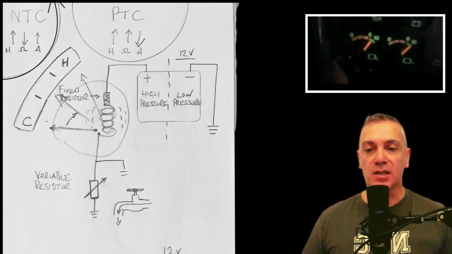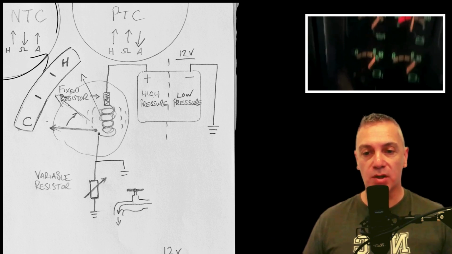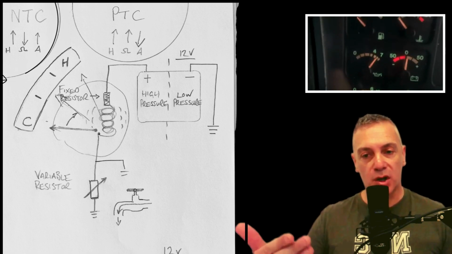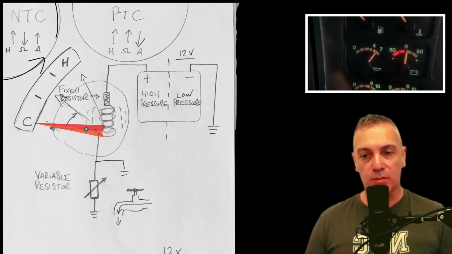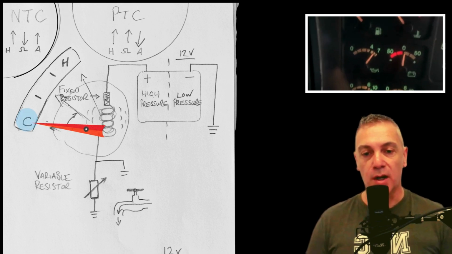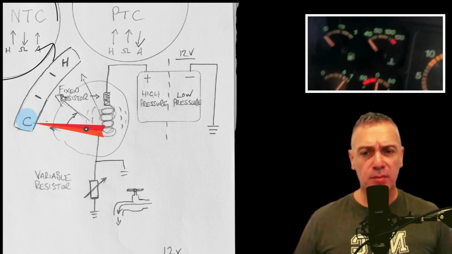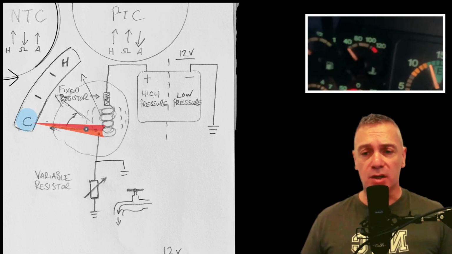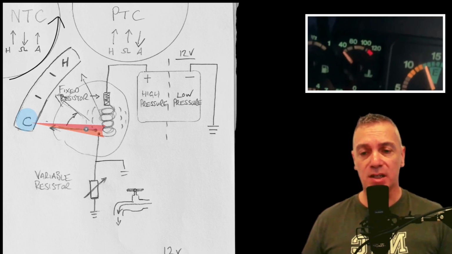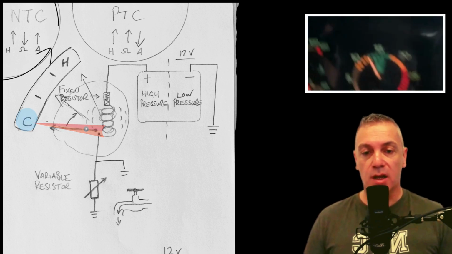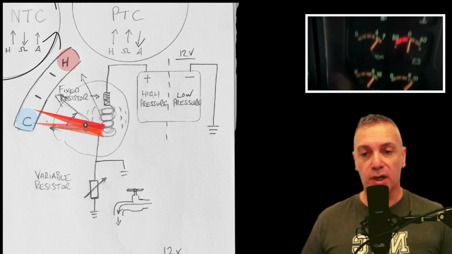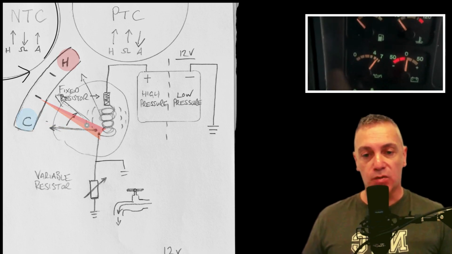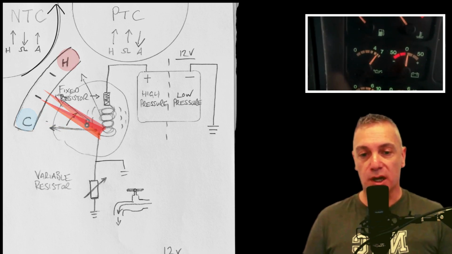You've got a sensor that's got very high resistance when it's cold, so therefore not much current flow through the gauge, so therefore the needle is pointing down towards the C, the cold part. As that heats up, of course, the heat from the engine is going to soak into this NTC coolant temperature sensor. Then the resistance value will fall, so you get more current flow through the gauge, and then the needle will rise and move towards the center of the gauge.